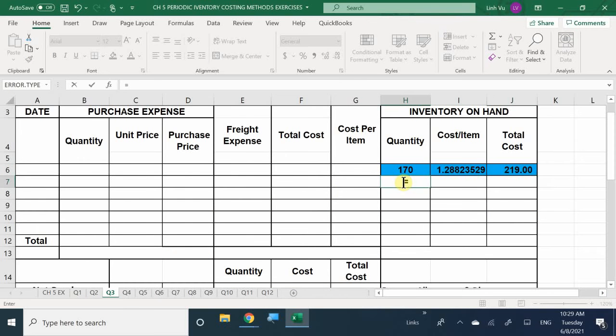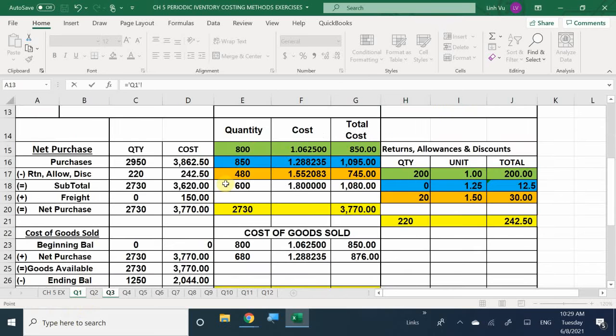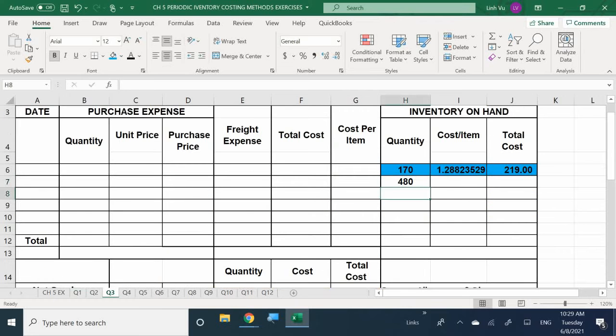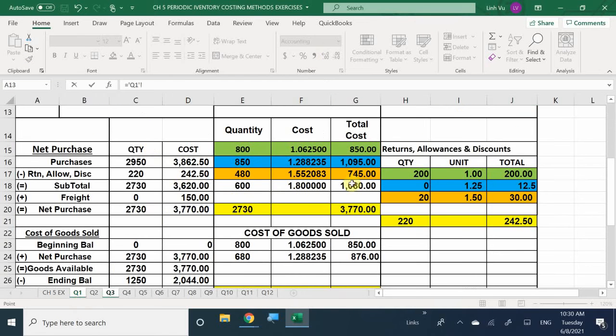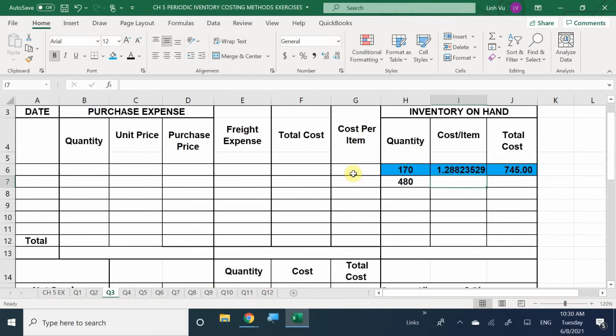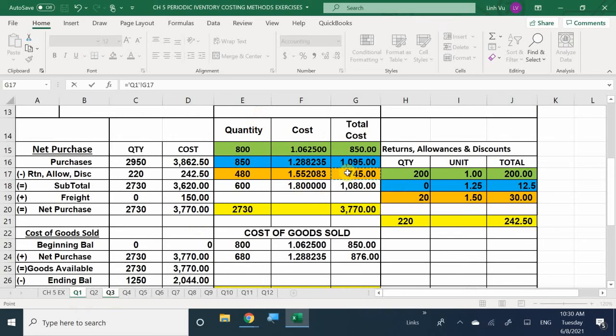So we're going to carry over our orange batch of 480, which we did at a total cost of $745. Oh, whoops, I hit the wrong one. Which was $745. Okay.